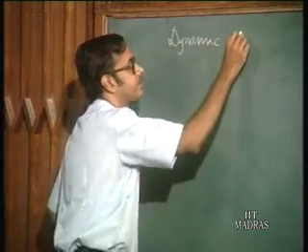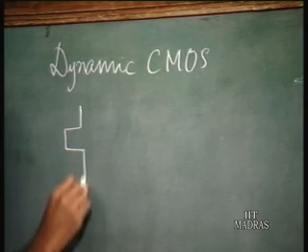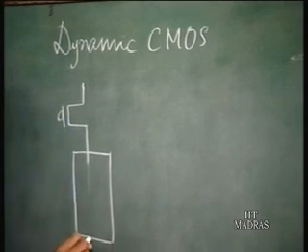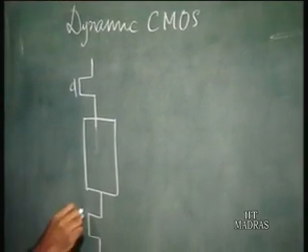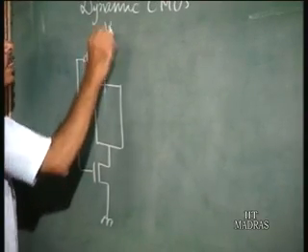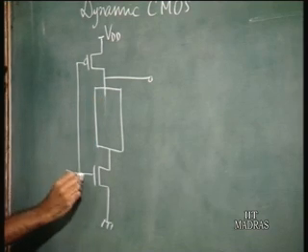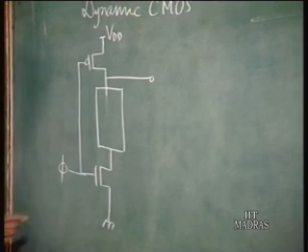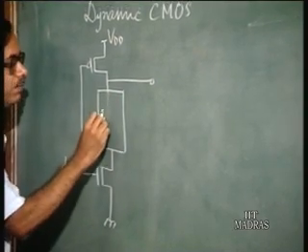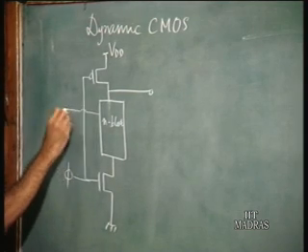We had seen that if you have a circuit like this, that is, you have a PMOS, then an N block, and then an NMOS transistor, and you have a clock connected to this circuit. This is the N block, which consists only of NMOS transistors, and the inputs are fed to the N block.